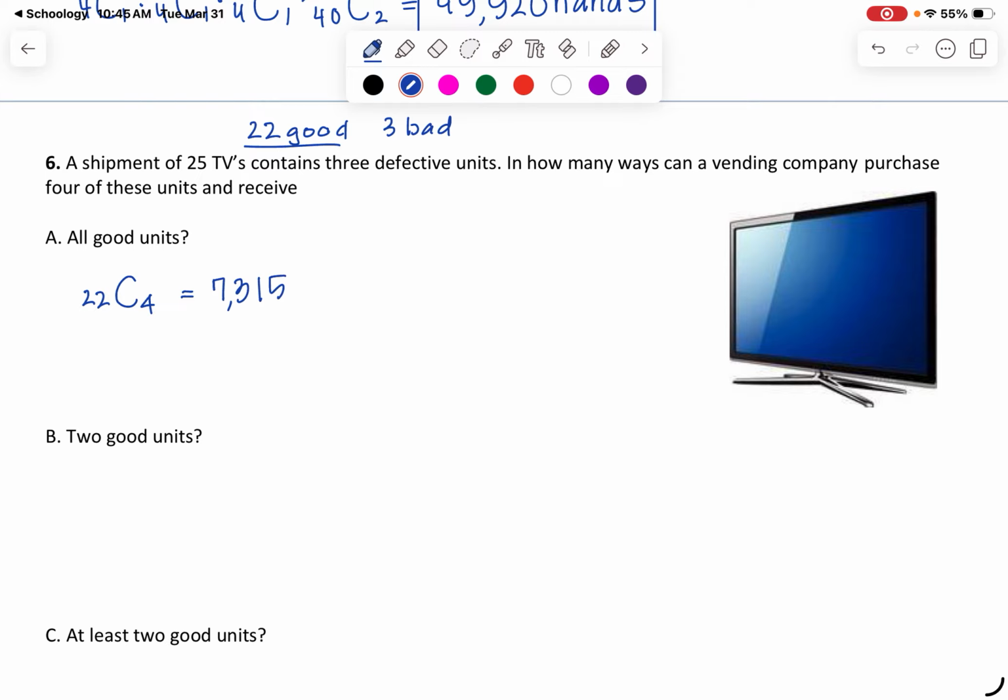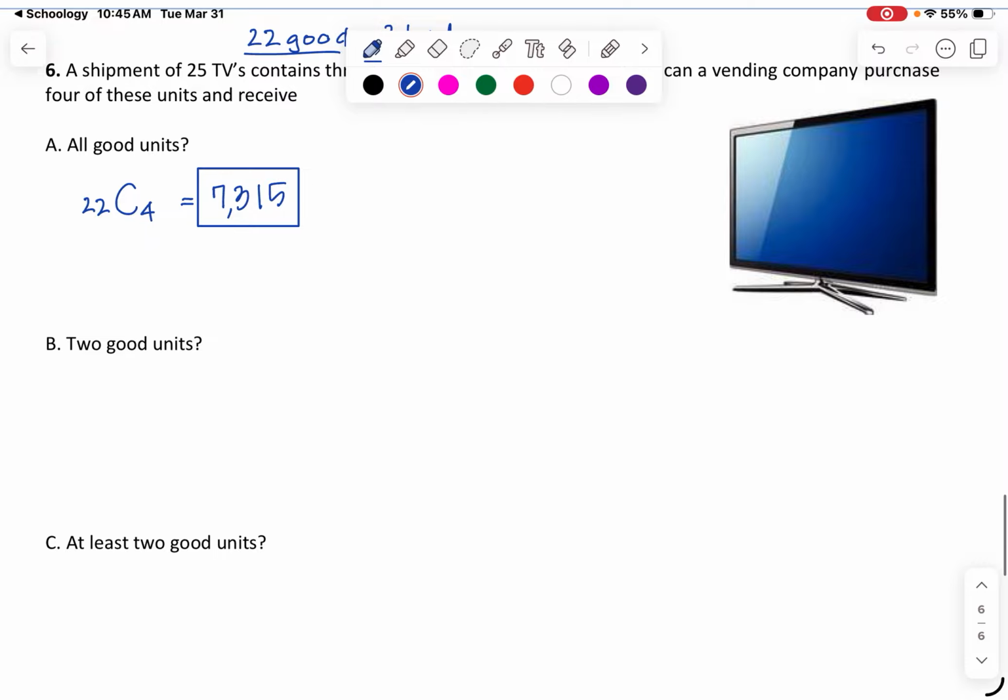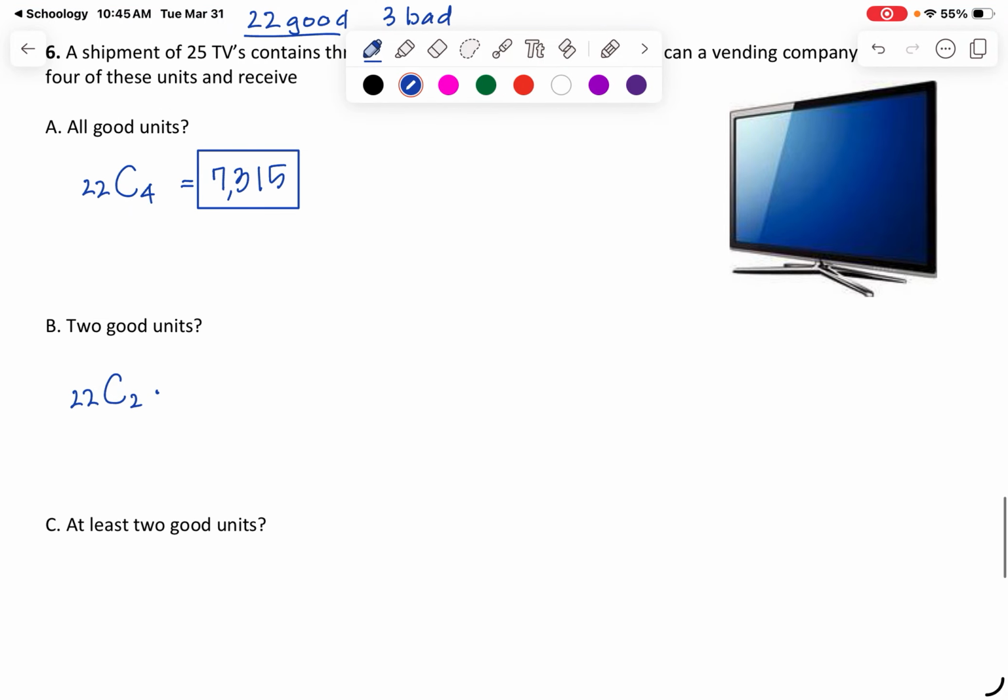So that is 7,315. Now, 2 good units, and you're purchasing 4 total. So out of the good units, you get 2, and that also means you get 2 bad ones. There's 3 bad ones, and you're going to get 2 bad ones. So 2 good, 2 bad.